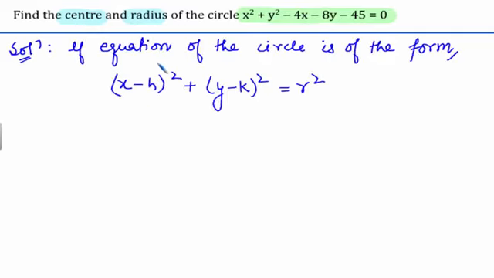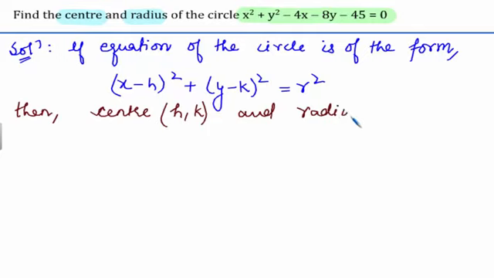We know that if the equation of the circle is of the form x minus h whole square plus y minus k whole square is equal to r square, then the coordinates of the center of the circle are h and k, and radius is equal to r.